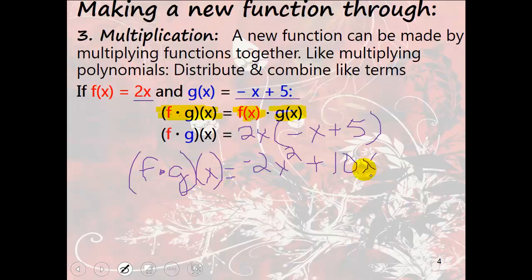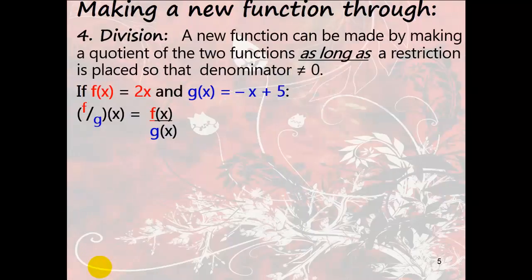Then the last one that we're going to talk about is called a division function. We're just going to create the quotient, and then we have to make a statement restricting the domain. We're going to state values of x that the denominator can't equal.